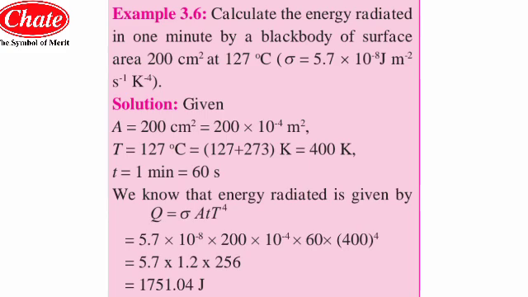Then small t, the time for which the black body has been radiating energy, is 60 seconds, since they gave it in minutes and we converted it into seconds. Then the absolute temperature capital T to the power 4: they gave 127 degrees Celsius, which we converted into Kelvin by adding 273, giving 400 Kelvin, raised to the fourth power. Now you can make the calculations.